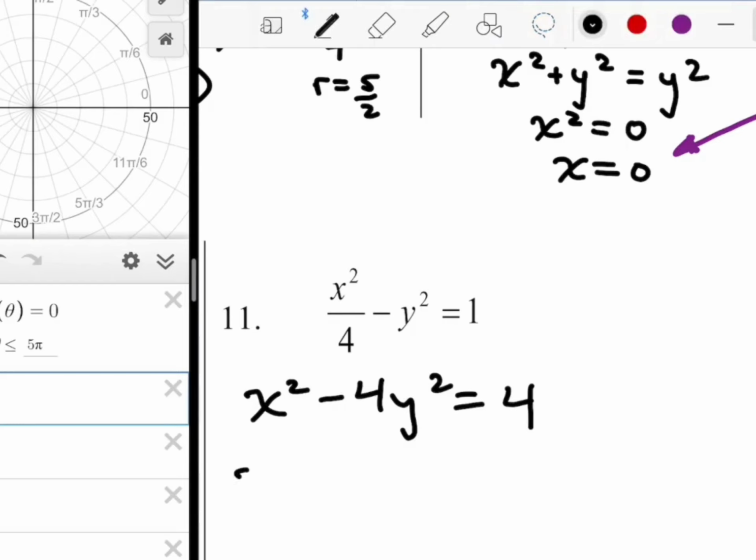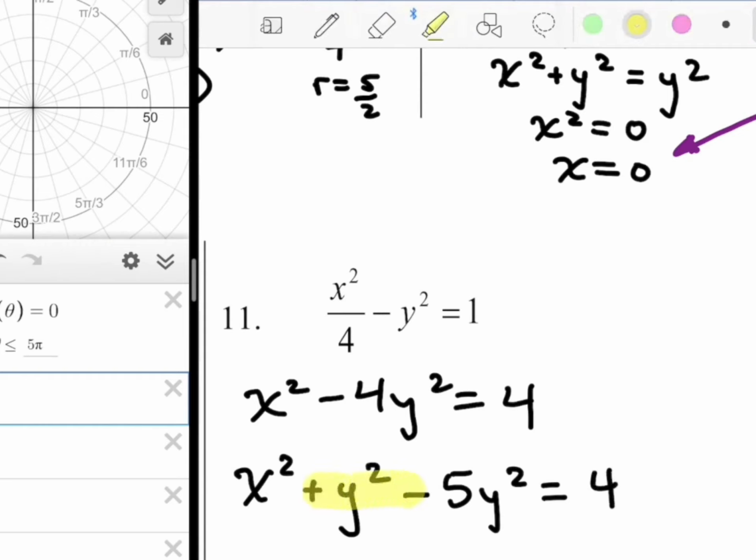There's a little trick here: if I want this to become x squared plus y squared, then I can do x squared plus y squared minus 5y squared is equal to 4. That's because 1y squared minus 5y squared is minus 4y squared.